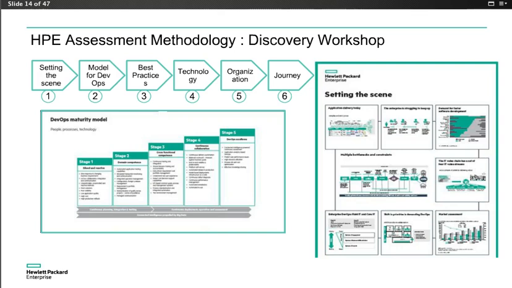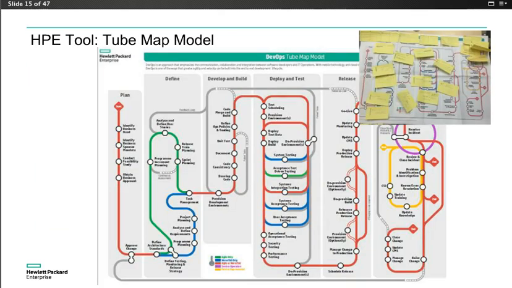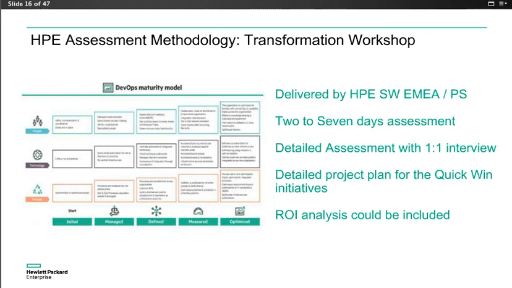We can go through the panels that describe the most typical model of DevOps that we are using for enterprise level customers. And as I mentioned, the last part that we can offer to the customer is the transformation workshop.